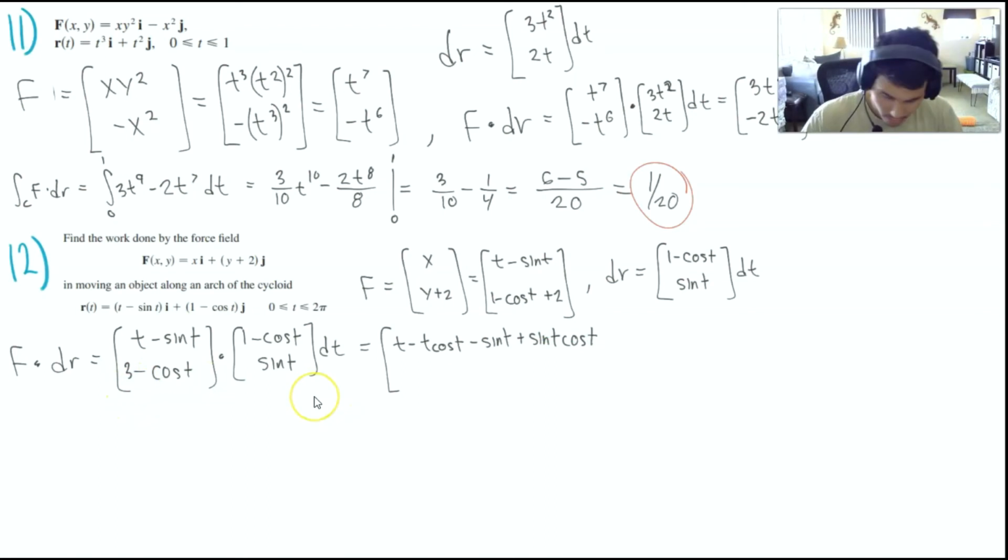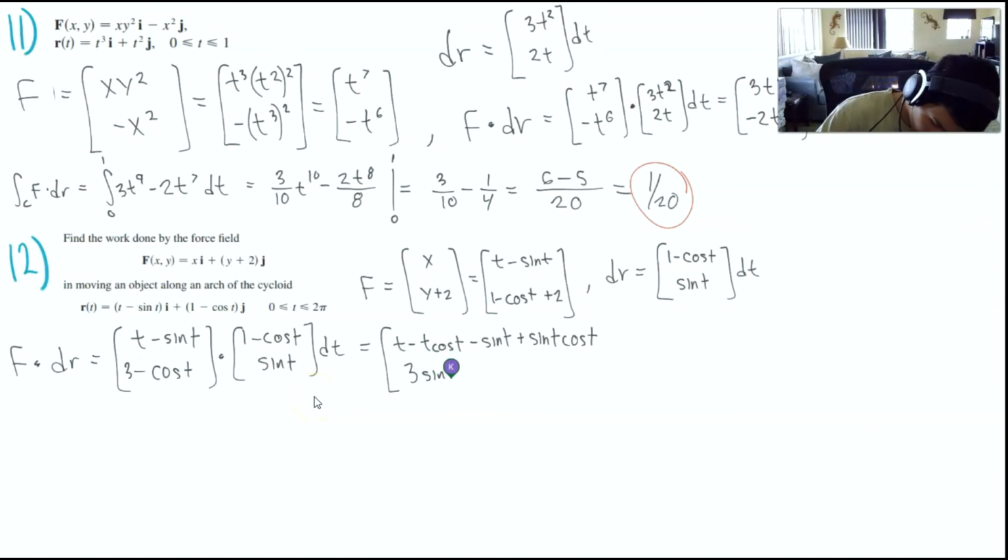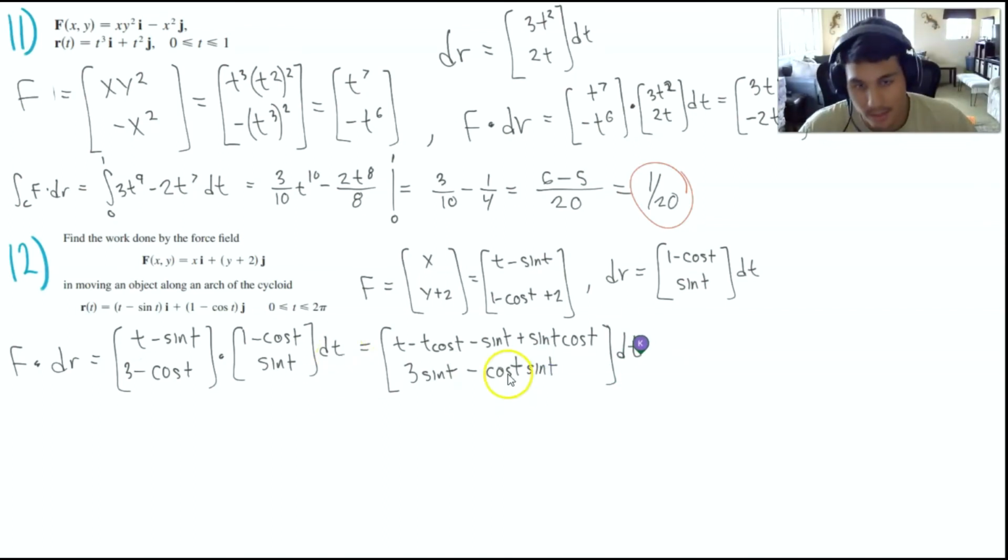And this would be 3 sine t minus cosine t sine t. And remember, since this is a dot product, you can add all these. It's no longer vectors where these have to stay in their assorted row and column. It's a scalar product. So you can literally just sum these things. And if you sum them, what do you see? Well, you see that we have a negative cosine sine here, and oh, look at that, that goes away.